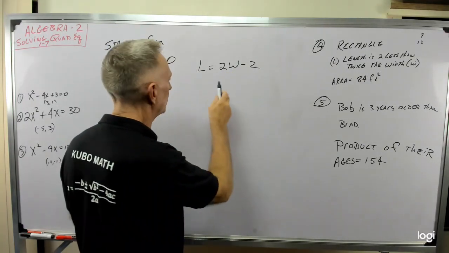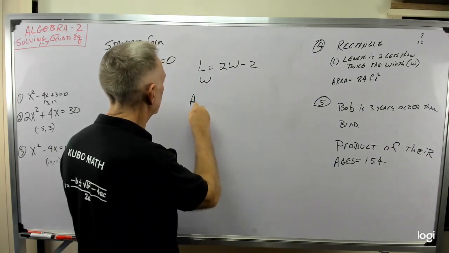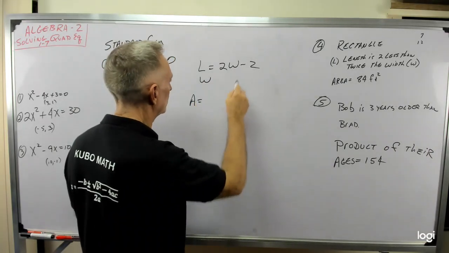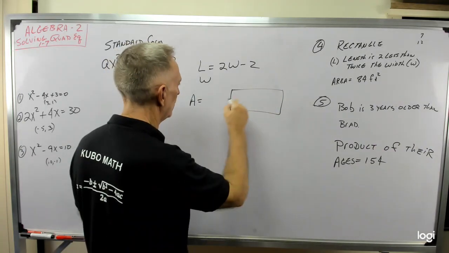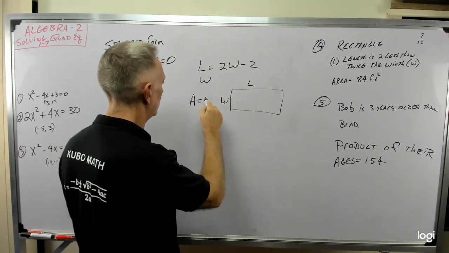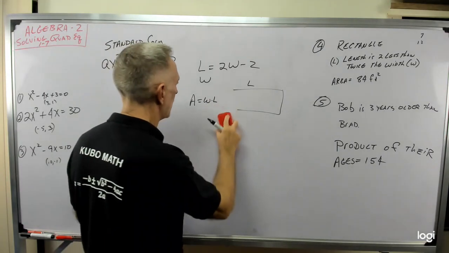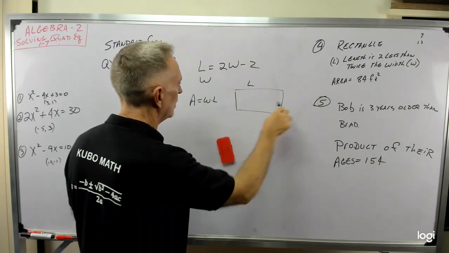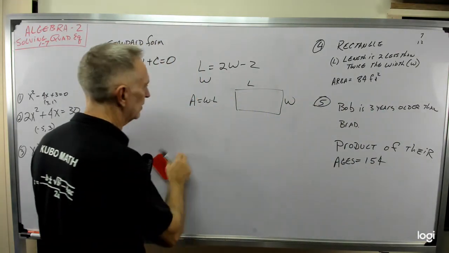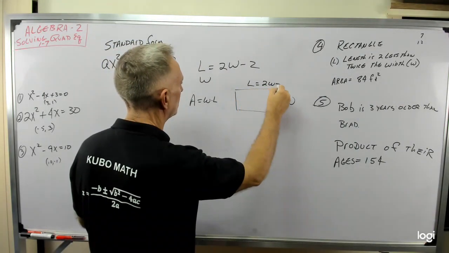And the area, obviously for a rectangle, we have this rectangle here. We have W, and then we have L. So the area is W times L. Put my W on the other side. It's a little confusing. But L equals 2W minus 2.